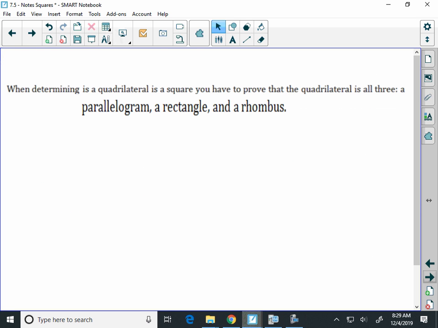So when we're determining if a quadrilateral is a square, we have to start with showing that it's a parallelogram. And then once we show that it's a parallelogram, then we have to show that it's a rectangle. And then after we show those 2 things, then we have to finish by showing that it's a rhombus. So all 3 of those.